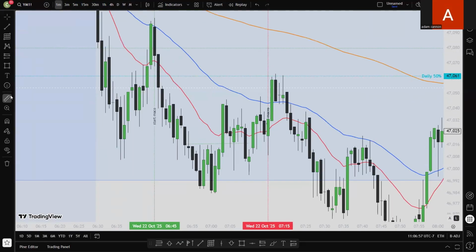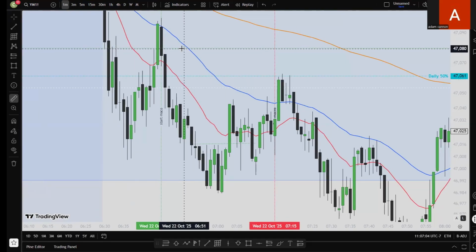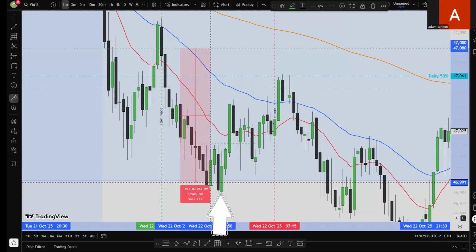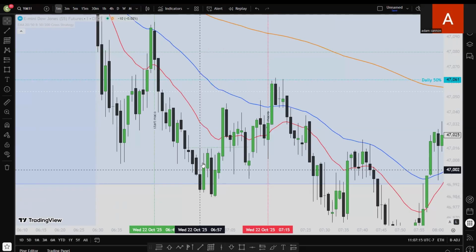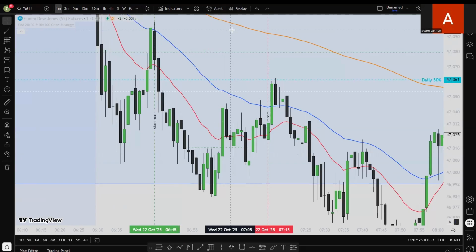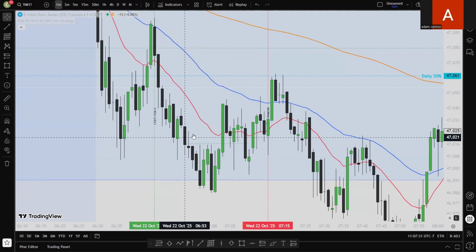Now, if you take your ruler out over here and you put it on that green line, and then you bring it down to the bottom of the range here, you can see that price moved 96 points past the point of liquidity. That is too deep into the liquidity pool. So you have your bias, which you need to wait on, because it's not just about high time frame fair value gaps. I'm going to keep repeating myself. And you can see it's come too deep and everything has failed.